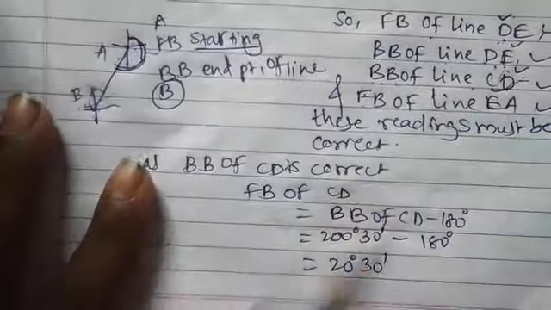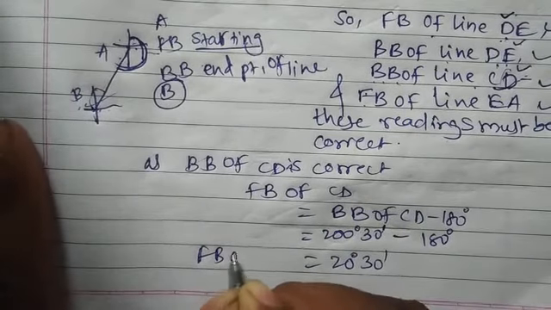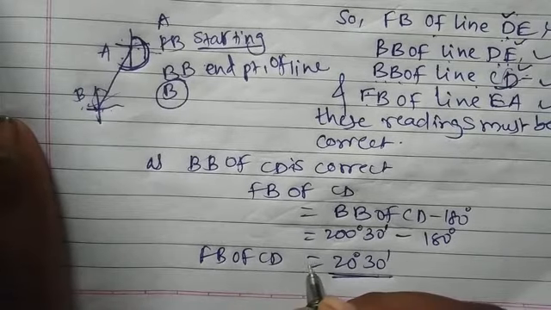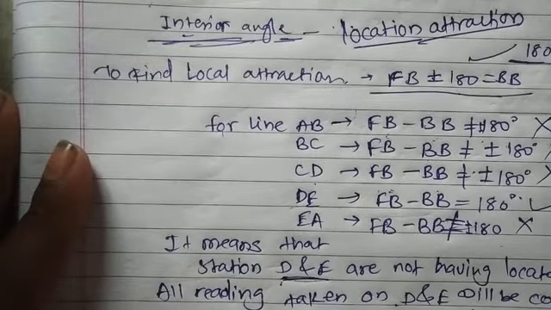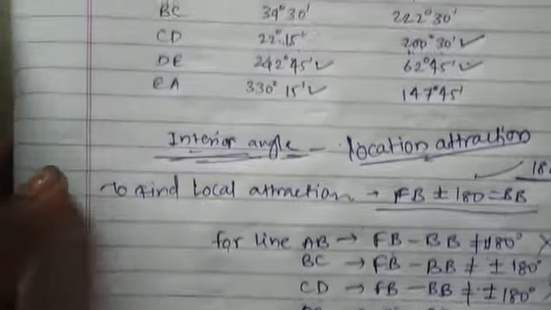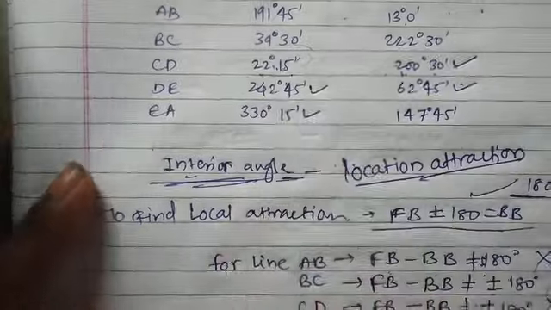Okay, we have got the correct value of the forebearing of CD equal to this, but we were given the value as 22 degree 15 minutes.